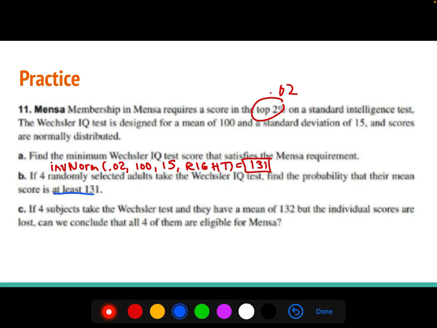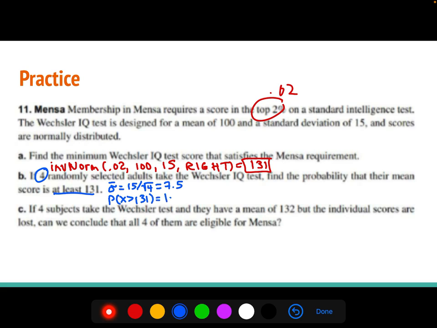If we have 4 randomly selected adults take this test, find the probability their mean score is at least 131. So to get our sigma, we're going to take 15 divided by the square root of 4, just 7.5. That changes our standard deviation.